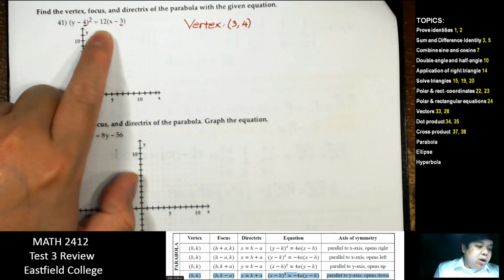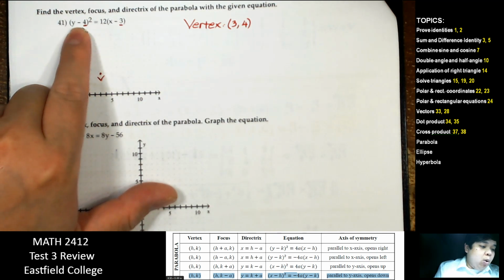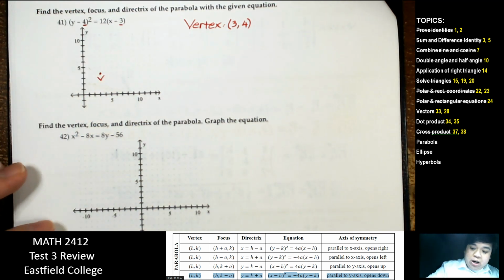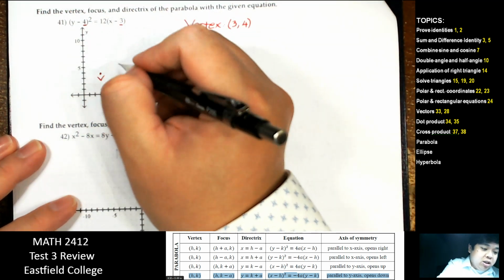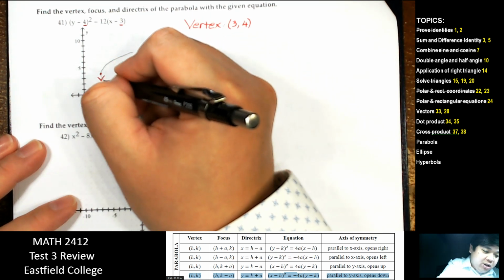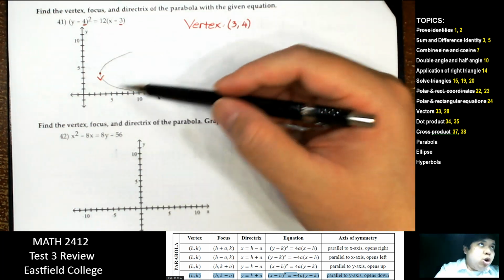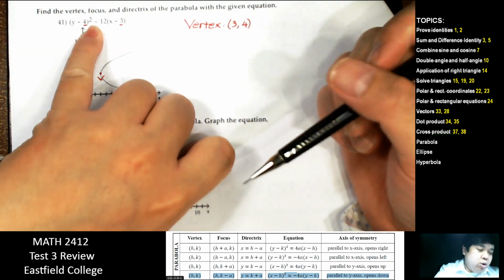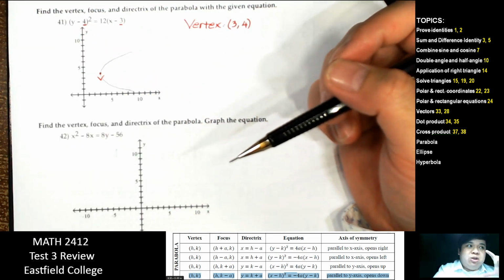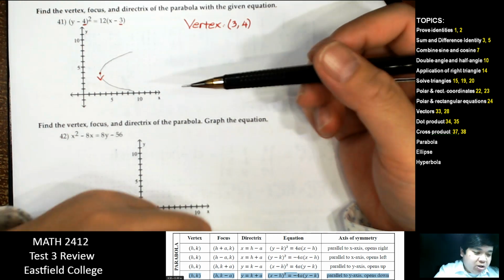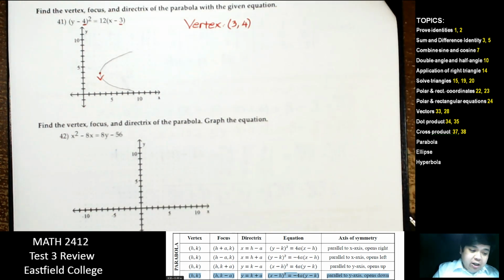And this, when we have a positive and y squared x, so that is the parabola that open to the right because it's positive. So we just can sketch like that. Because it open to the right positive, we have y square, so that definitely horizontal and open to the right.